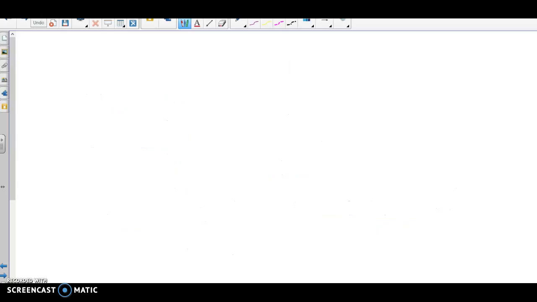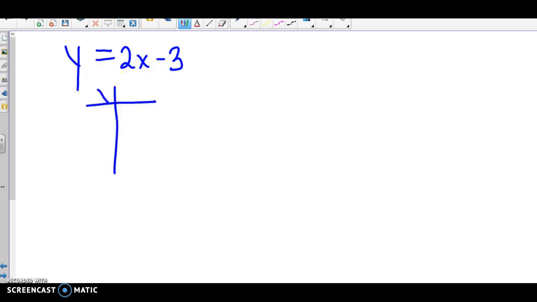If you move on to a solution to a linear equation, say you have y equals 2x minus 3, a solution to that would be any value of x that when you plug it in, you get the value for y. So we've made tables for this. And we say, well, when x is 0, y is negative 3.